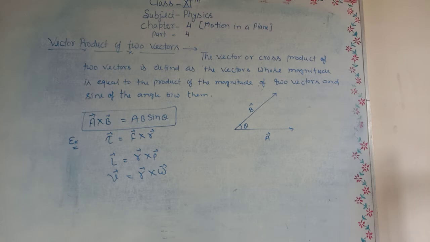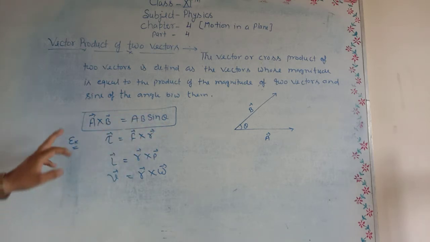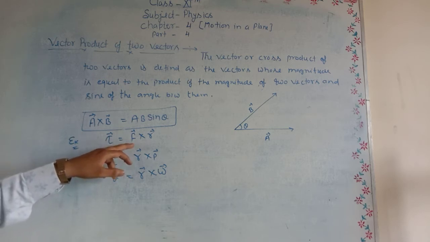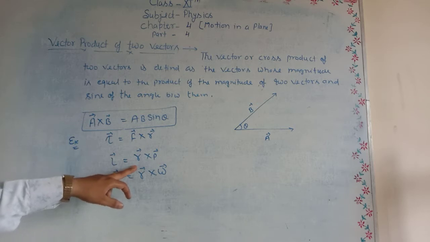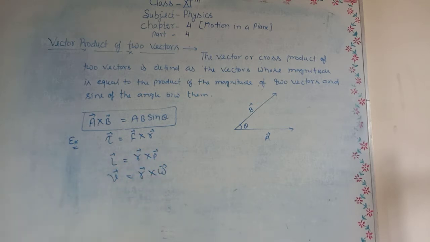Then the vector product of A and B is A cross B is equal to AB sin theta. For example, tau is equal to R cross F or F cross R, L is equal to R cross P, and V is equal to R cross omega. Okay, students.